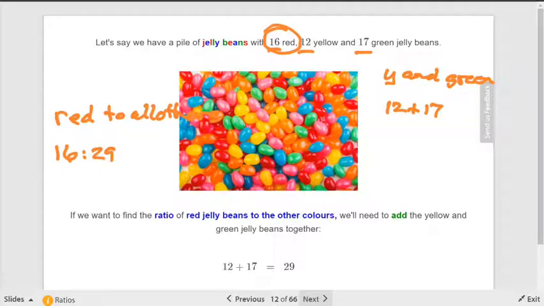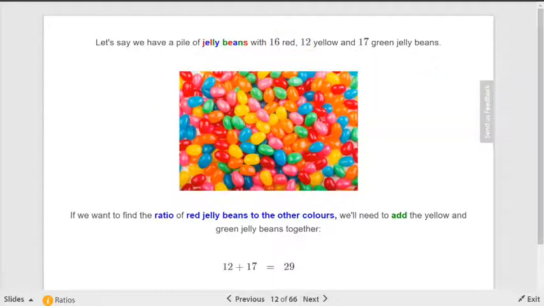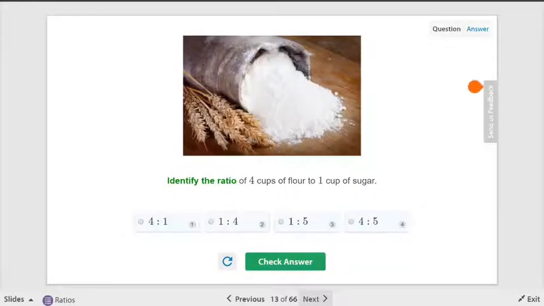So in some cases, you might have to add one to get the other category. So we wanted specifically red. We had a number for that. But we wanted then all the other ones that we knew. So all the other ones means get a total, right? So that means add them together. Okay? How does that look to you? Easy. Good. I love it when you like easy. All right. Oops, that's your homework. I'm not doing that for you.